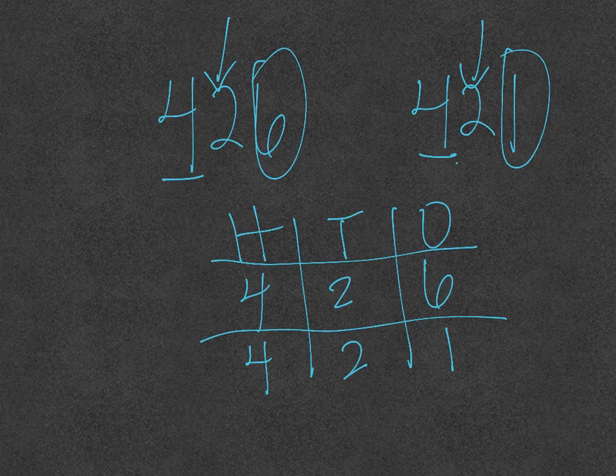Which is bigger, 6 or 1? Which one's bigger? The 6 is. So we're going to take our symbol and put that 426 is greater than 421. And this is how we work to compare numbers.